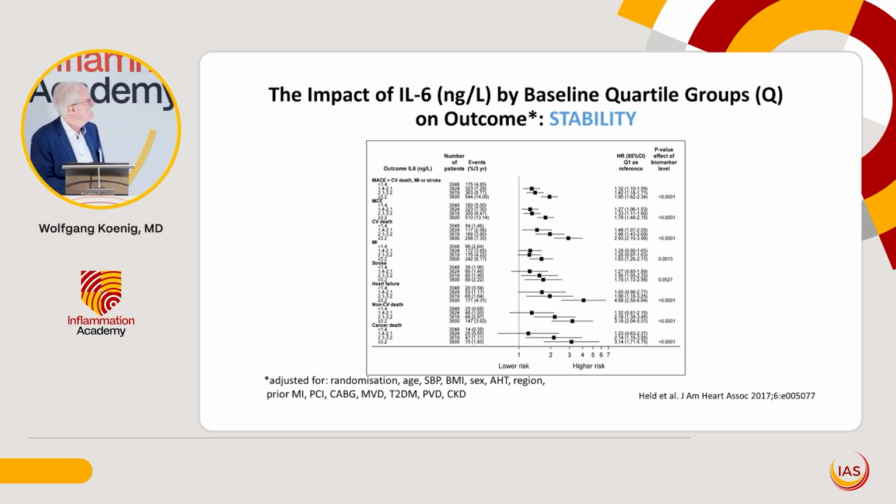And you can see here across various endpoints from MACE to stroke and heart failure, including non-CVD death and also cancer death, across quartiles, you see an increased risk for this outcome when you look into IL-6. So it's not only in population-based studies, but also in clinical trials.